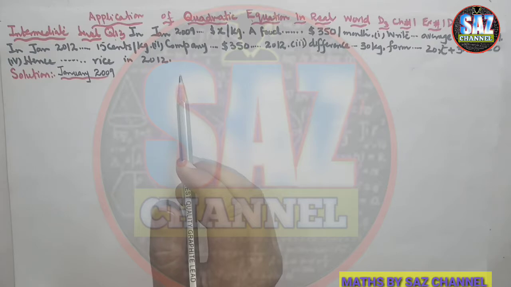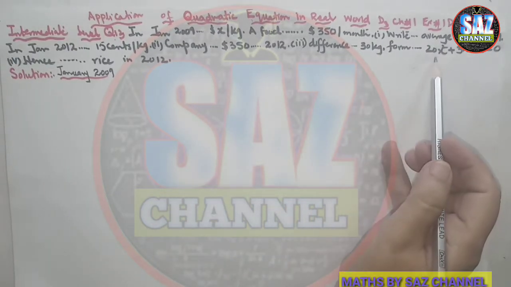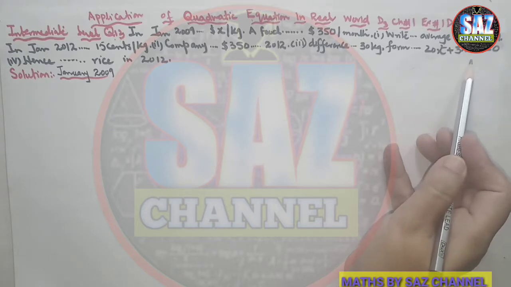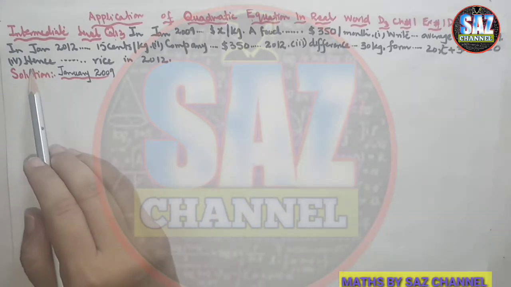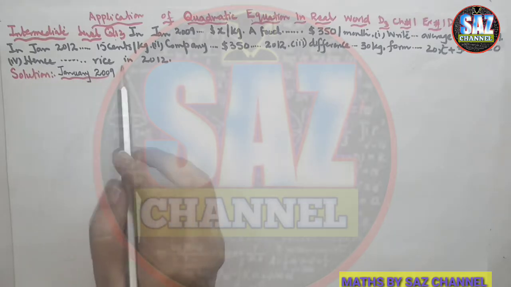And in the third part, the question says the difference in the amount of the rice ordered is 30 kg. Formulate an equation and show that it reduces to 20x square plus 3x minus 35 equals to 0, and hence finally find the price of each kilogram of rice in January 2012.